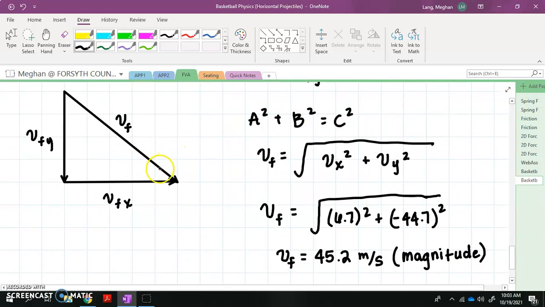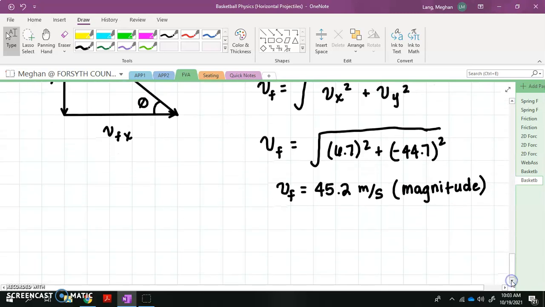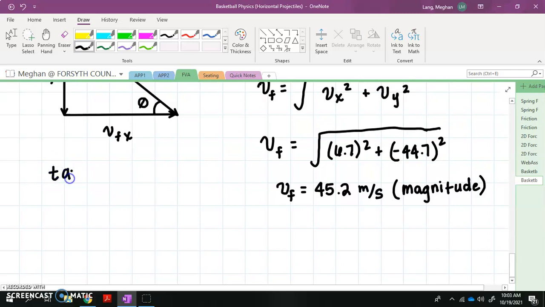describe my direction as the angle that that object hits the water with, or hits the ground with, or whatever the scenario is. Okay, so you can use any type of trig that you want because you know all the sides of that triangle. Okay, I'm going to use the tangent function here. So tan theta is equal to opposite over adjacent.